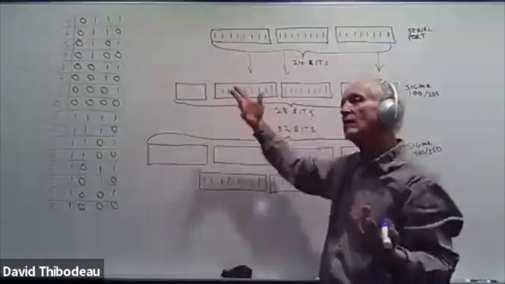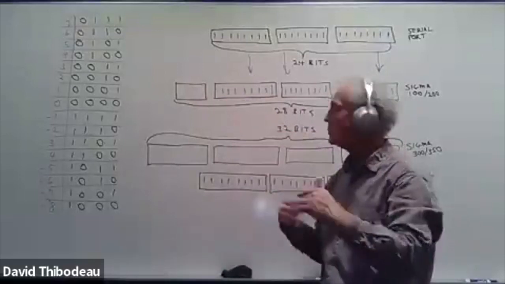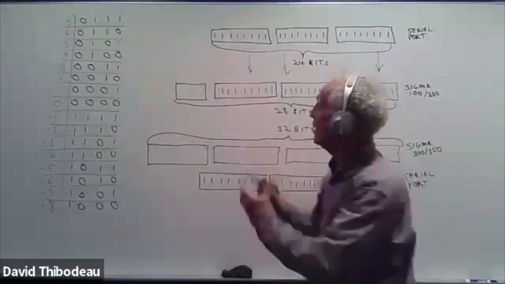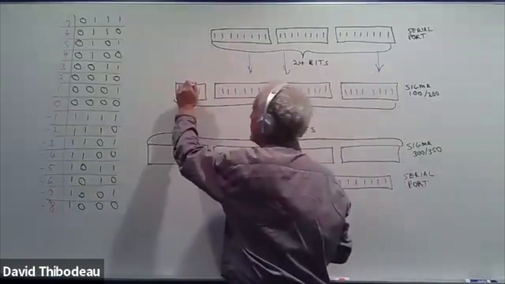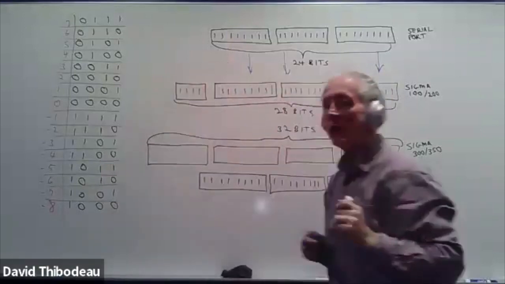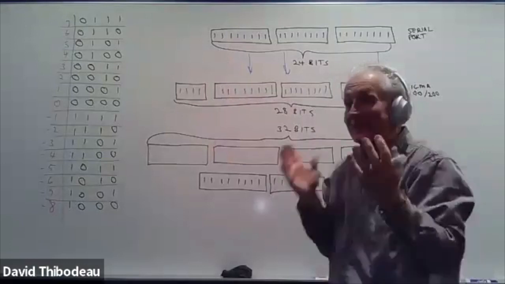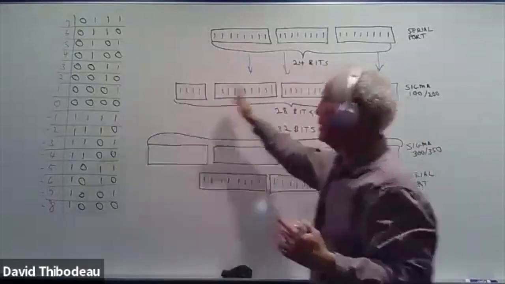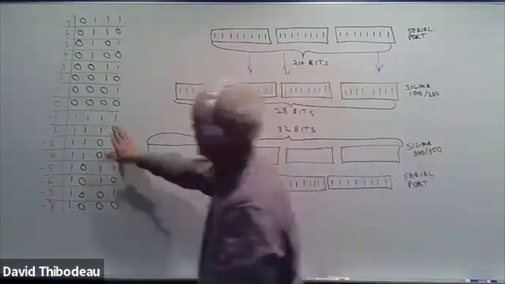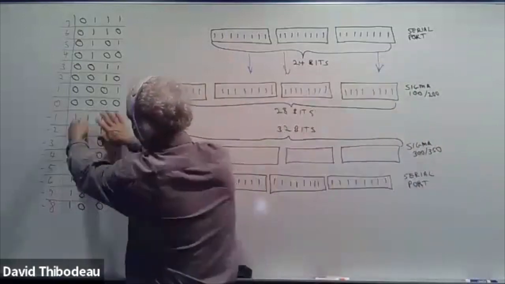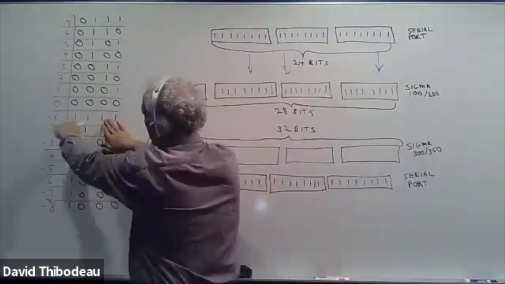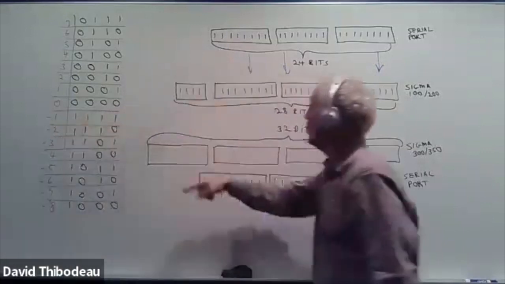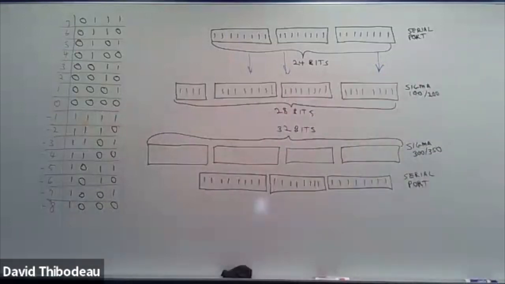So there's logic built into the chip that if the sign bit coming from the serial port is a 1, it will fill this with ones. That's called sign extension. It extends the sign, so for any negative number, everything above is always a 1.